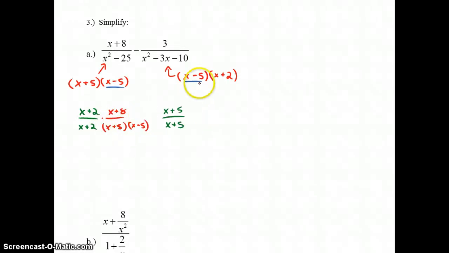Now on the right-hand side, I've got 3 over x minus 5 times x plus 2. And now I've got that common denominator, x plus 2, x plus 5, x minus 5. With that, I can combine my terms. I've got on the top x plus 2 times x plus 8.